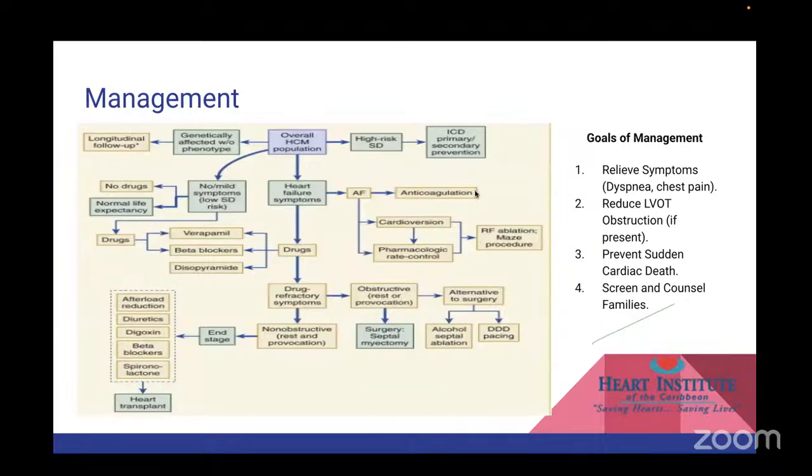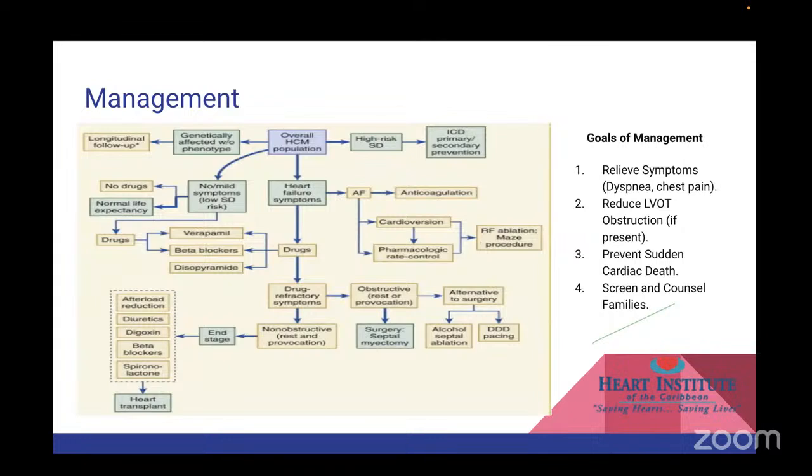And here, the direct oral anticoagulants, rivaroxaban, apixaban, are your first choice for this group of patients. So these are the things we need to consider.